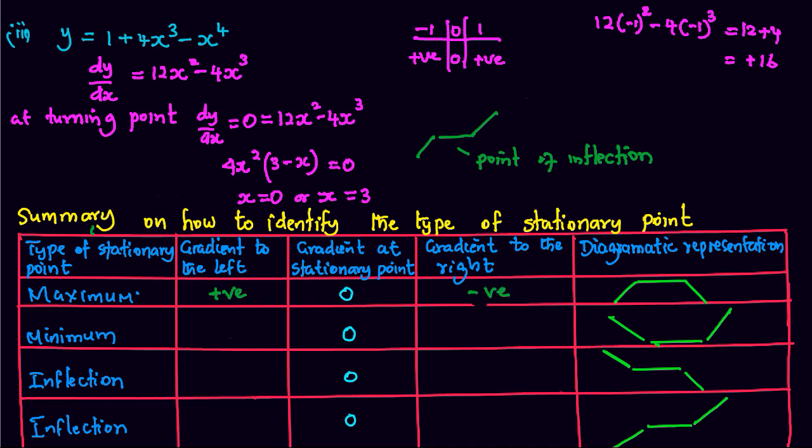For a minimum, the gradient is negative to the left of the turning point and positive to the right of the turning point. For points of inflection, we can have negative, 0, negative, or positive, 0, positive.